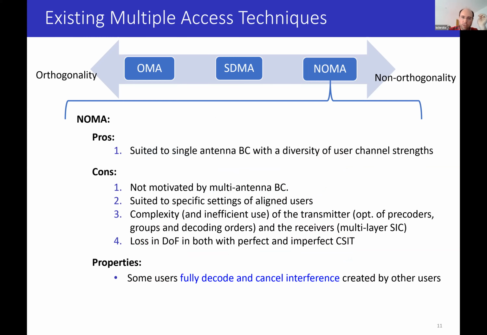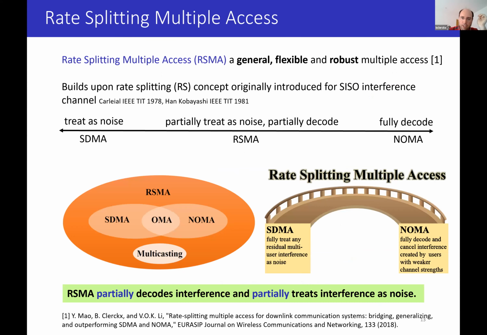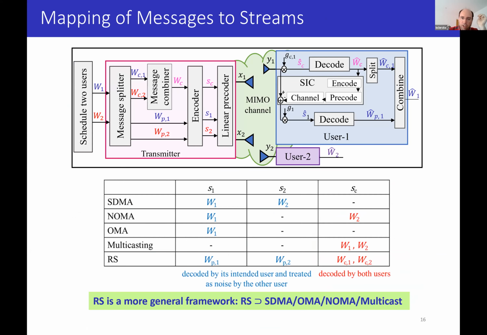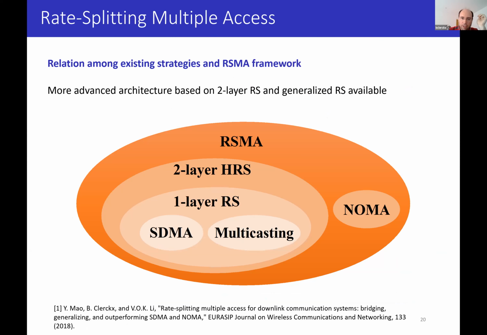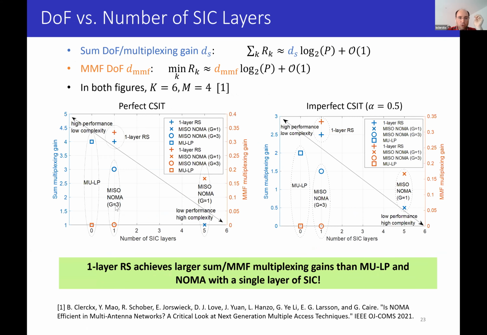This is what I want to show in those figures: whatever the way you design the number of groups, whether you have multiple users per group or only one group, you will always have a multiplexing gain that is degraded compared to what you can get simply with one SIC and rate splitting.